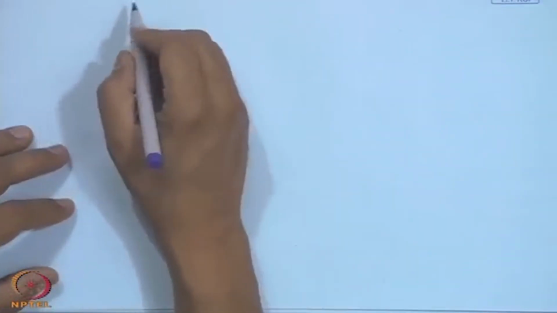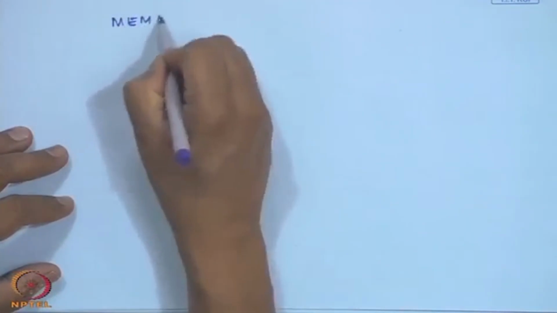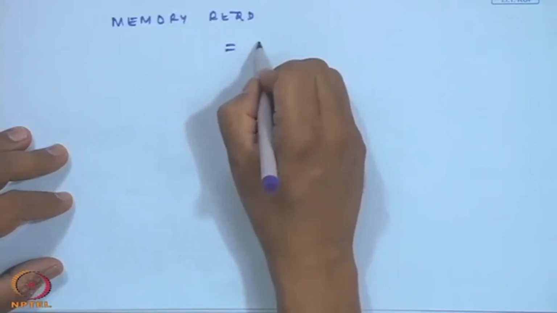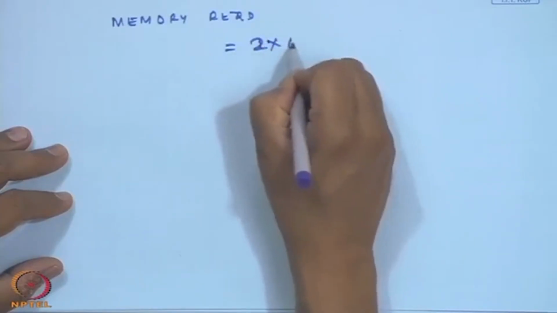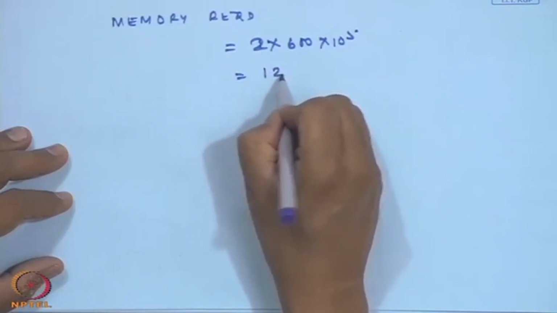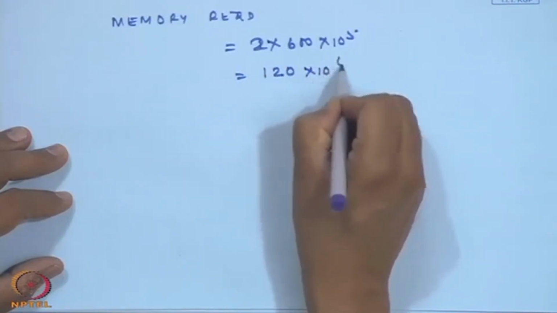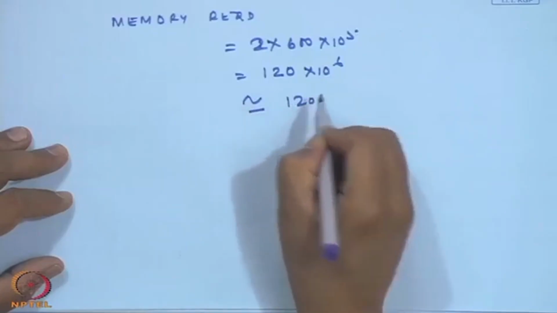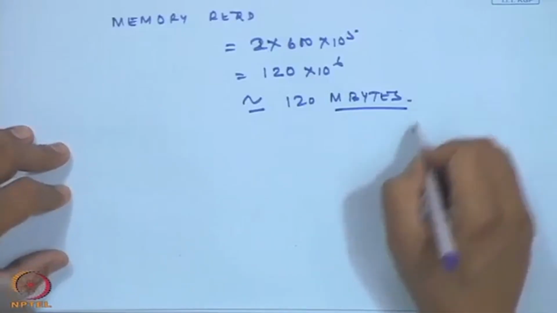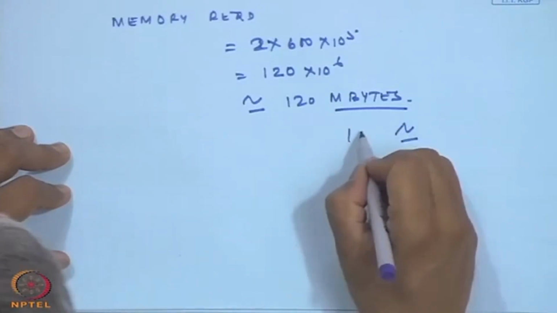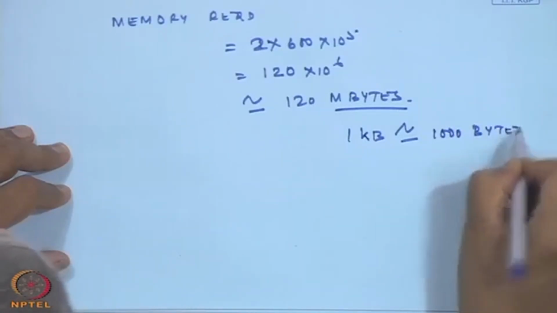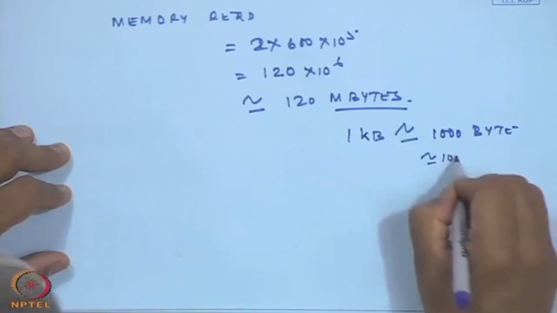So, the memory required would be 2 into 600 into 10 to the power 5, that is about 120 into 10 to the power 6, approximately 120 megabytes. That is not quite right, since 1 kilobyte is actually 1024 bytes, but it is fine for this discussion.